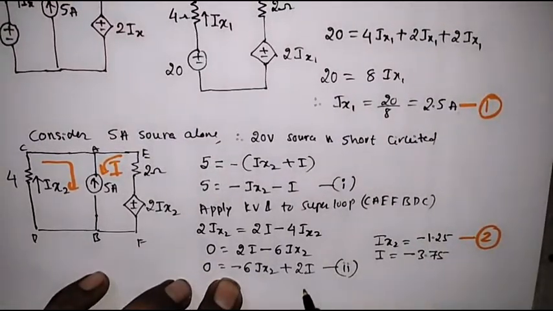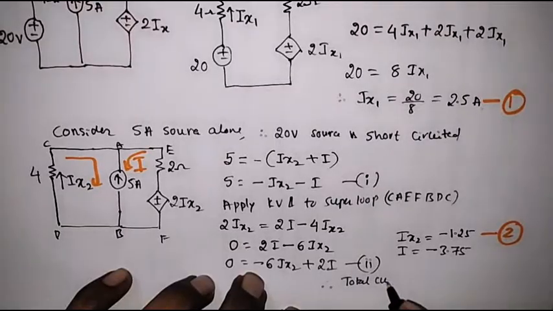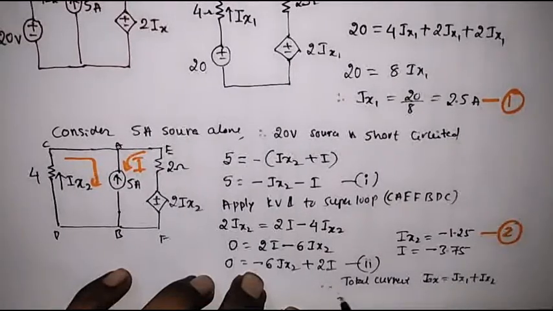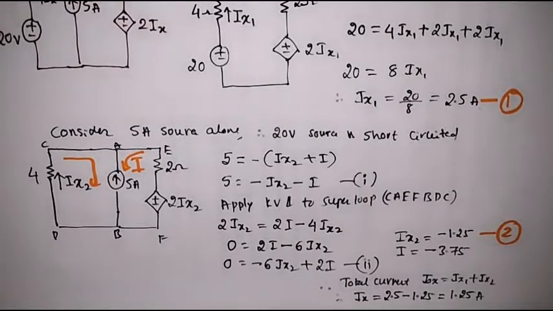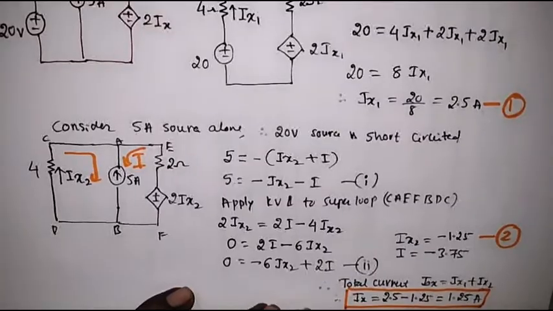Therefore according to superposition theorem, total current Ix is equal to Ix1 plus Ix2. Therefore Ix is equal to 2.5 minus 1.25, which is equal to 1.25 amps. So finally 1.25 amps of current flows through the 4 ohm resistor in the given circuit.